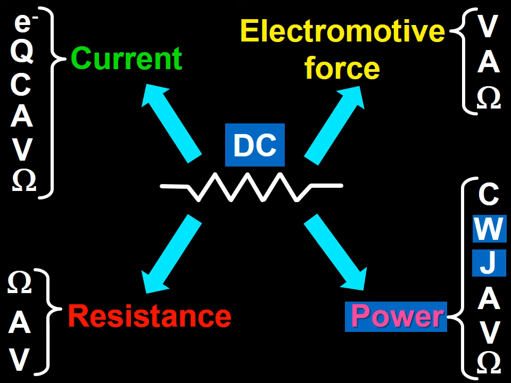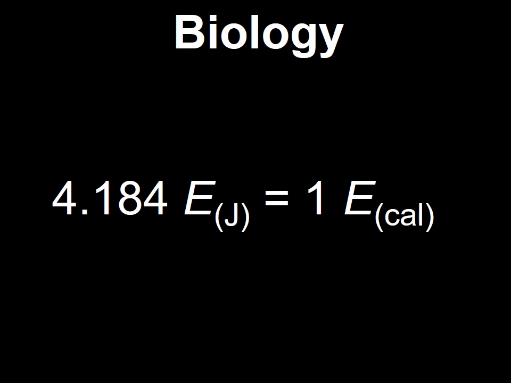I will put forward 4 definitions of joules. The first definition is the biological definition, which, as a matter of fact, is the simplest. The energy in 4.184 joules is equal to the energy in 1 calorie.